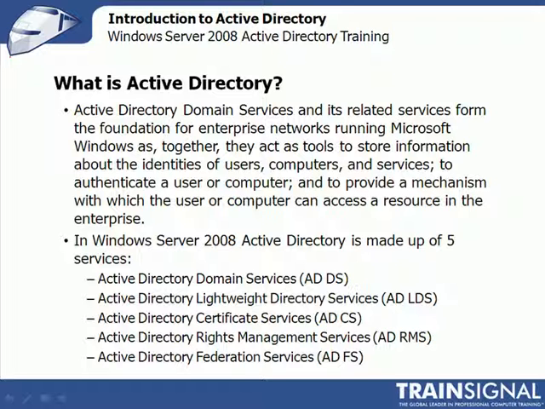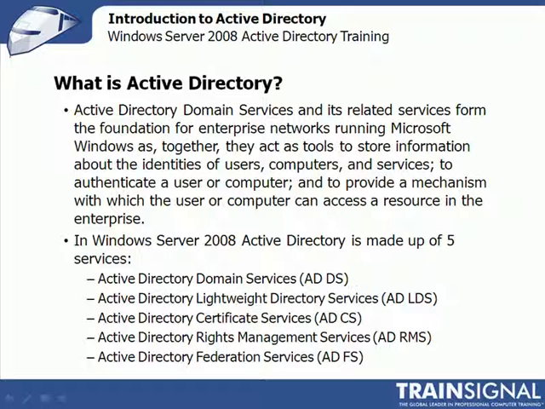Now, why do I keep putting the emphasis on domain services? You'll notice here at the bottom of the screen, in Windows Server 2008, Active Directory is now made up of 5 services. The top one I have listed is Active Directory Domain Services, or ADDS. The majority of this course is going to be focused on Active Directory Domain Services.